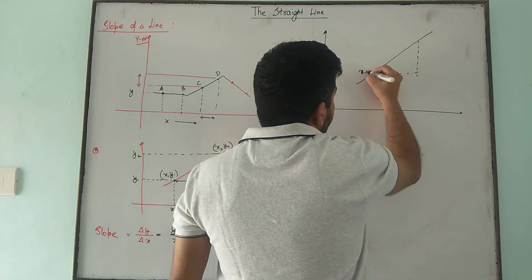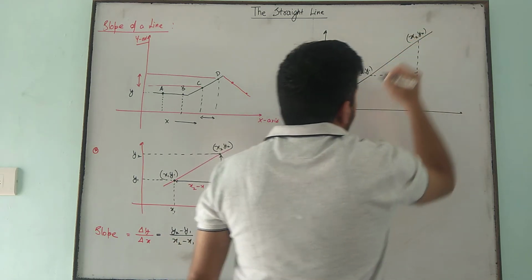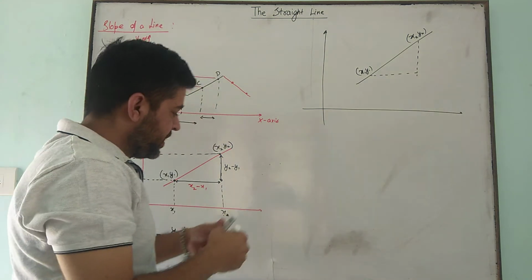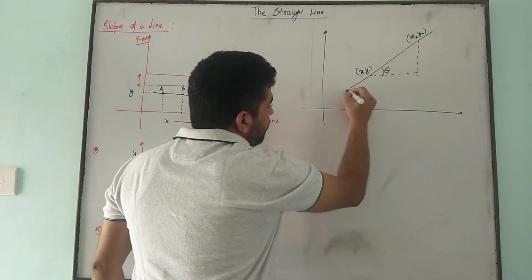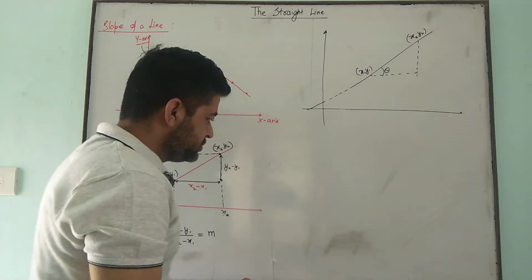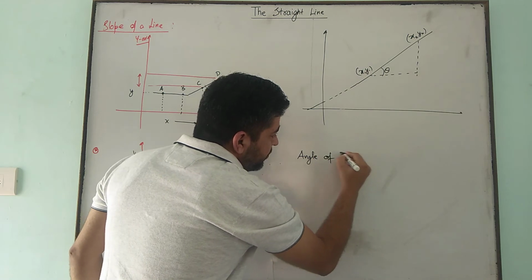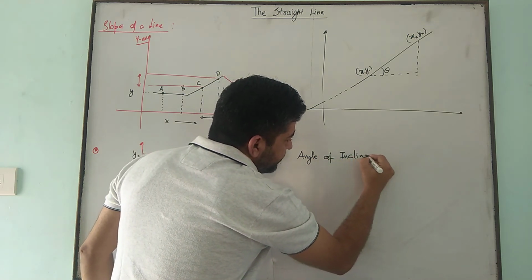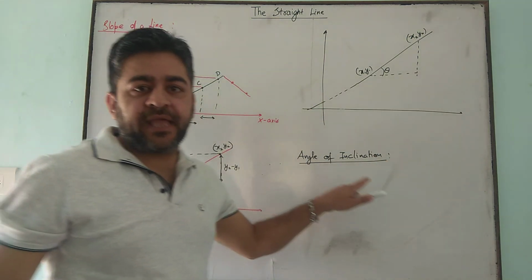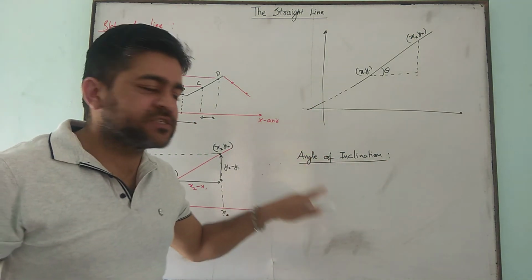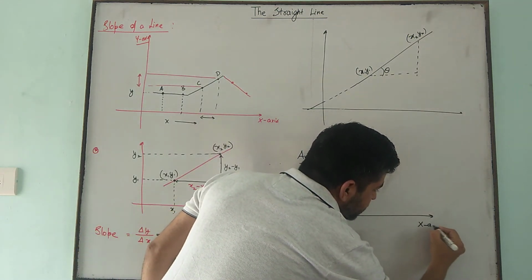Now we do have one more definition of slope. Let us see, we have points x1 y1 and x2 y2 on a line, and let us say this angle is theta. What is theta? Angle of inclination. How the line is inclined, and that angle of inclination is always with respect to the x-axis, horizontal.